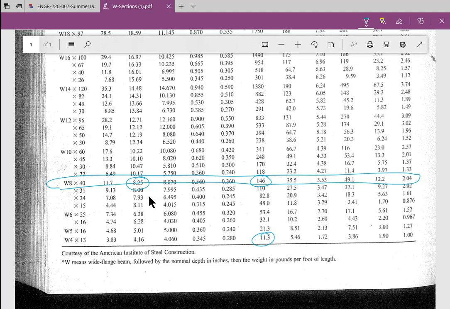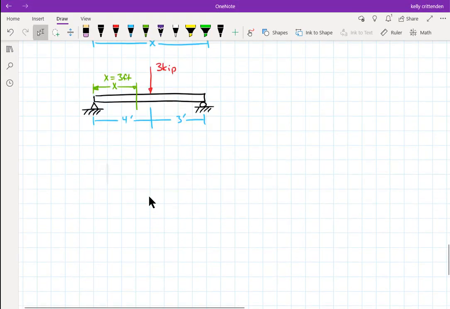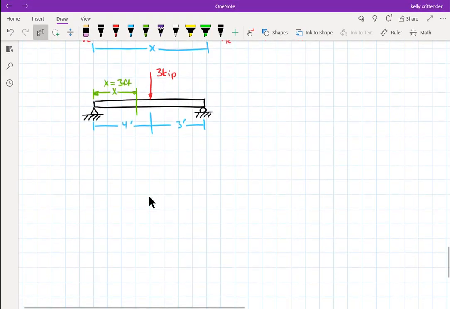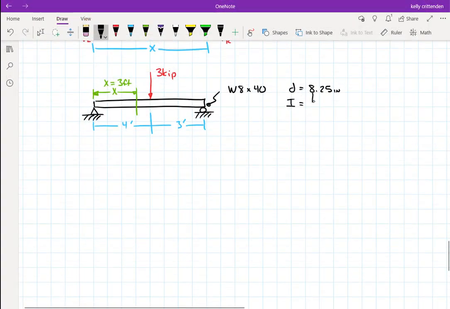So we can take that information and go back to our little beam over here, and we can say that this thing is a W8 by 40, and it has depth equals 8.25 inches, and I is 146.